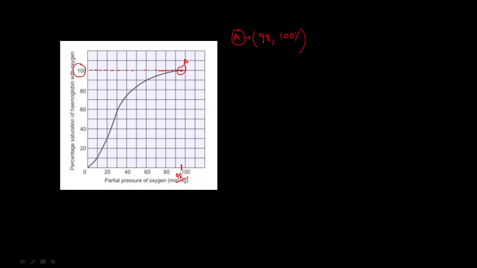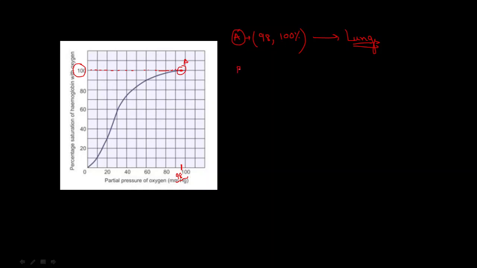So when the partial pressure of oxygen is around 98 mm Hg, the hemoglobin is 100% saturated, and this condition occurs in the lungs, where oxygen is very high, so the partial pressure of oxygen is very high, and ultimately the hemoglobin will be 100% saturated.